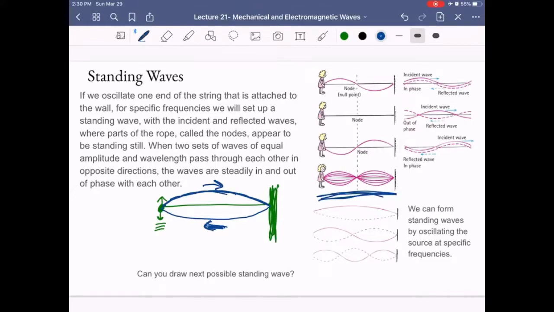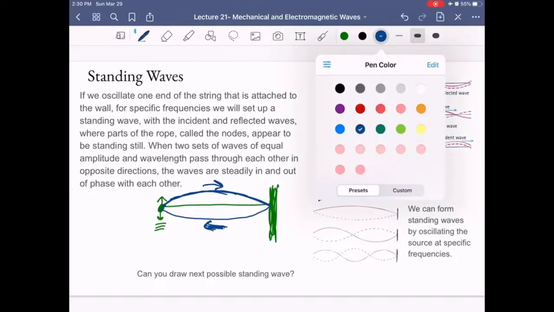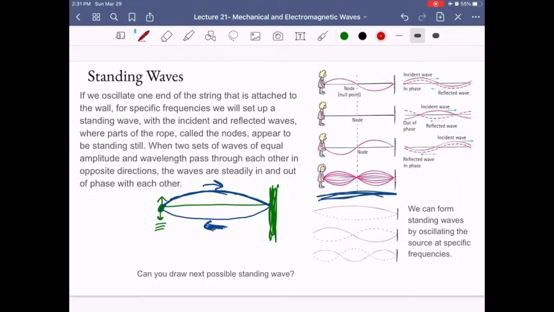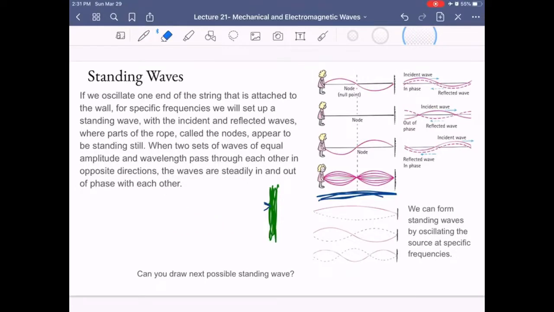A second wave would be when, maybe I should erase the first one, I will do it in black. So this is my rope. And if I manage to oscillate at a frequency that is double the previously picked fundamental frequency, I will actually have a wave that's like that.